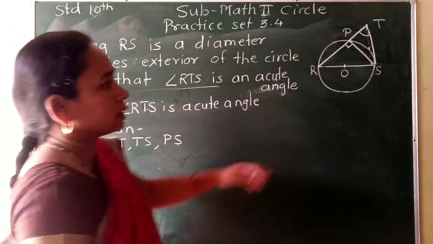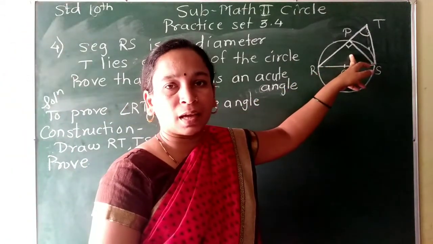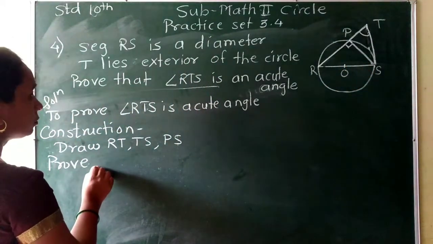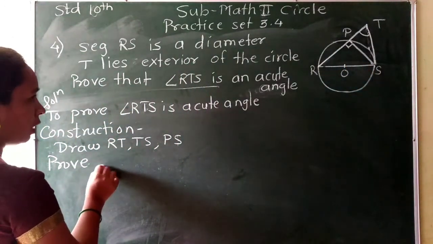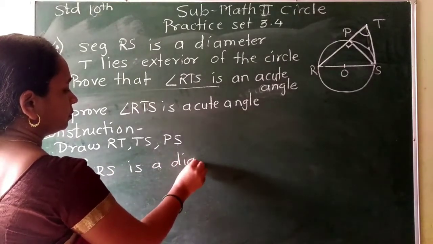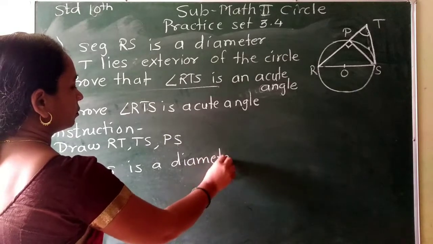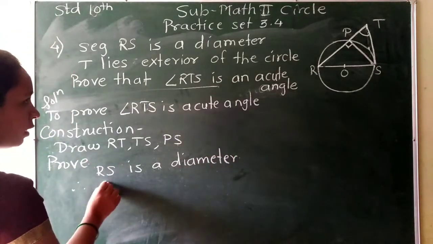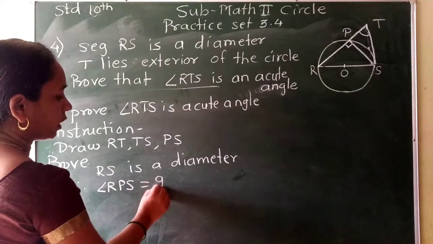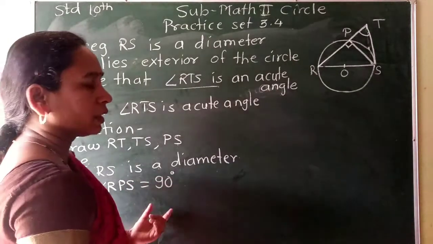To prove angle RTS, I am going to take help of this angle. RS is a diameter, therefore angle RPS is equal to 90 degrees. Why is it 90 degrees?